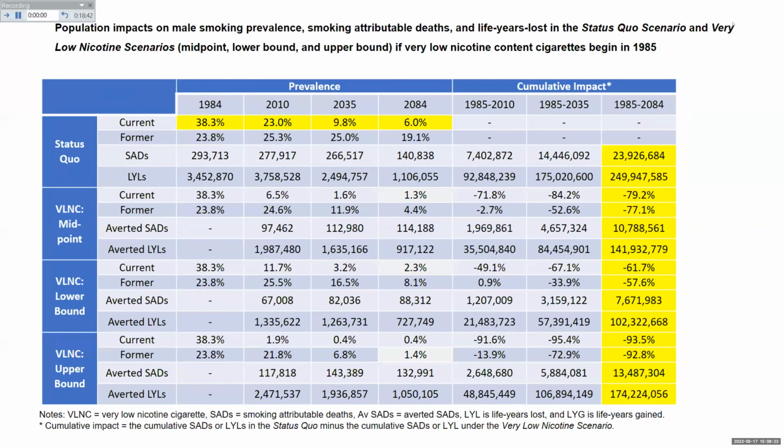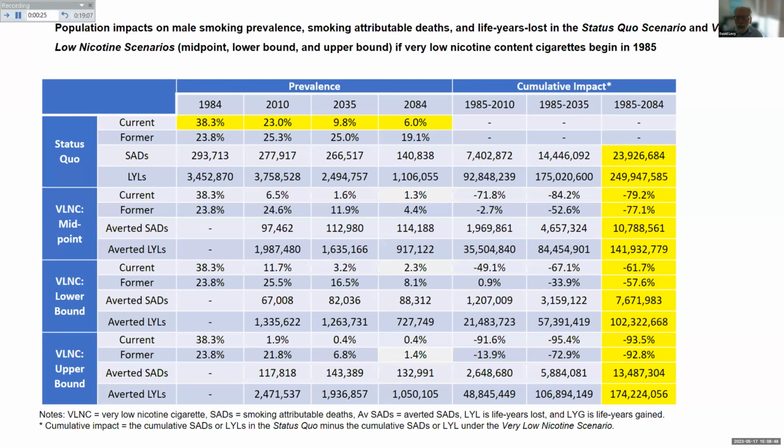Okay, that was starting in 1965. So let's say it took a while until the standard got implemented. And so we ran analysis starting with the standard implemented in 1975 and also in 1985.